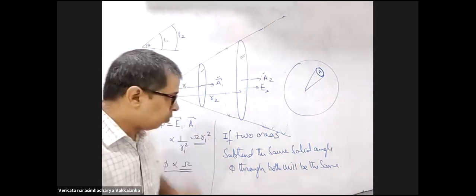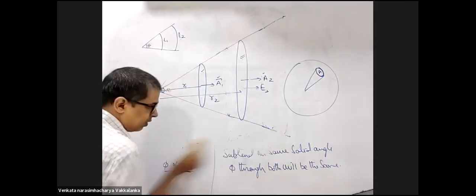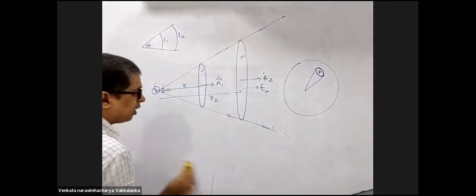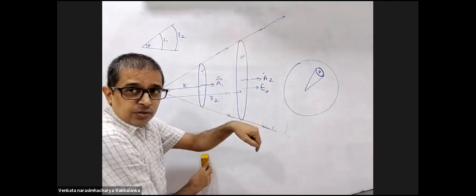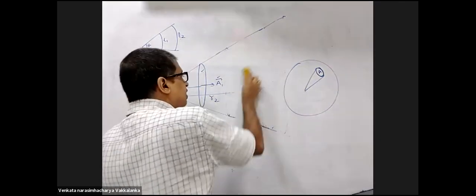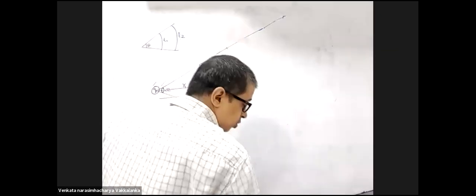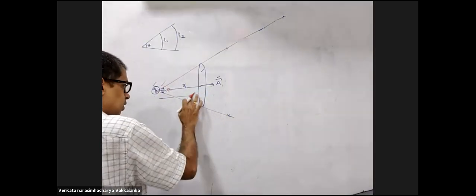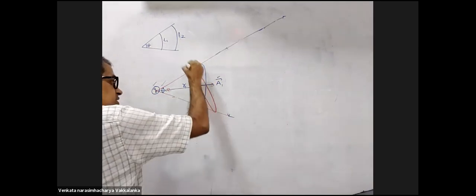Yes, sir. Now, a genuine doubt that will come to the student's mind is, they'll say, okay, you are telling me here area increases, field decreases, product is the same. What if area increases but field doesn't change? How can that be? Have a look. The student says, I am taking this area.